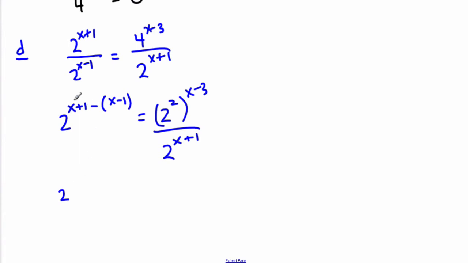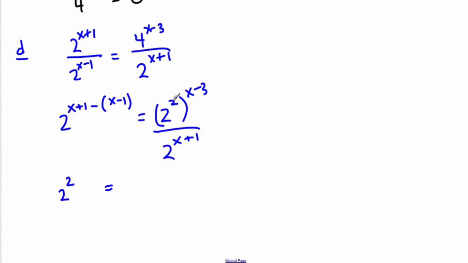So we have 2 to the x minus x. Okay, so the x's are going to go away. And then we have 1 plus 1. So that's 2 squared. Make sure you do this a couple of times, especially in your head. Make sure you do it right. So x minus x is 0. And then 1 minus a negative 1, or 1 plus 1 is 2.